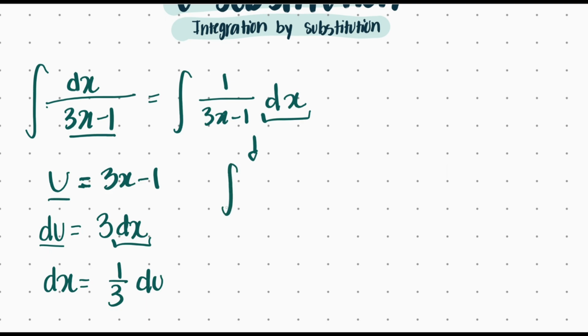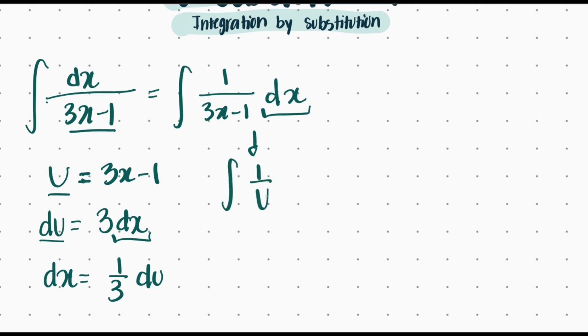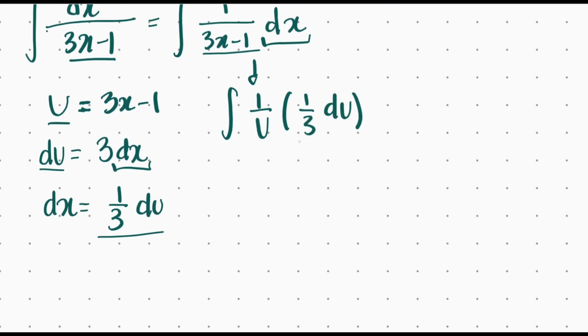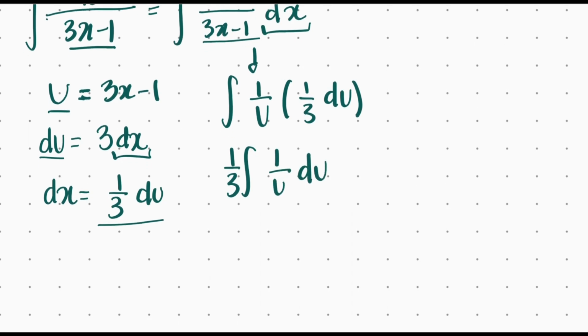So it would be the integration of 1 over u, because 3x minus 1 is u. And we know that dx is 1/3 du, so I'm just going to replace that. Now, 1/3 is a constant. Let's take that outside. And then we have the integration of 1 over u du. If you don't know, the integration of 1 over u is equal to the natural log of u.